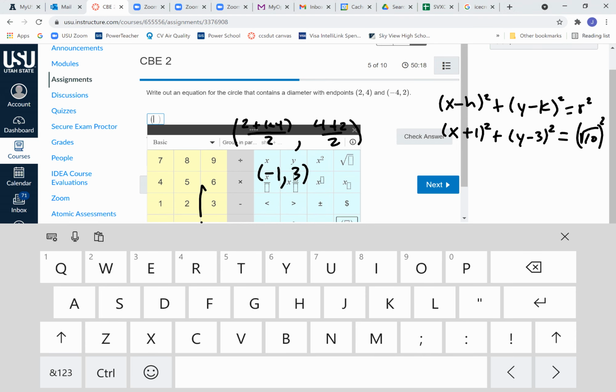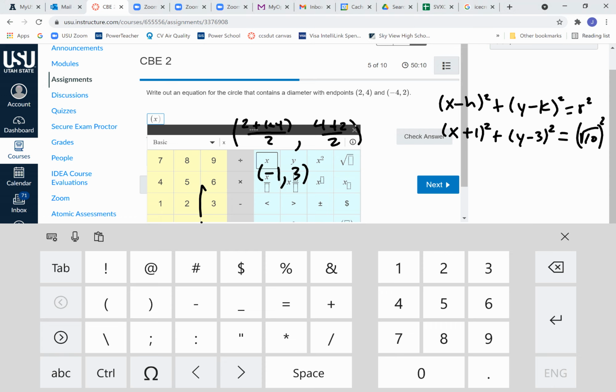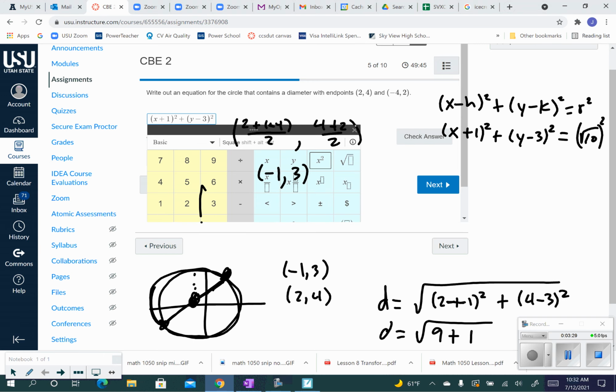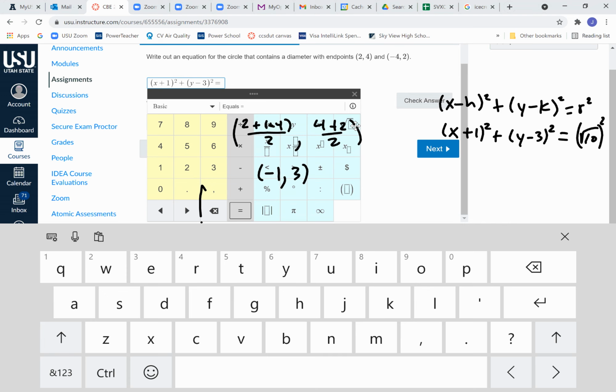So we're going to do parentheses, and I've got x plus 1 squared, plus, and my next one is y minus 3, also squared, equals, and then we've got 10.